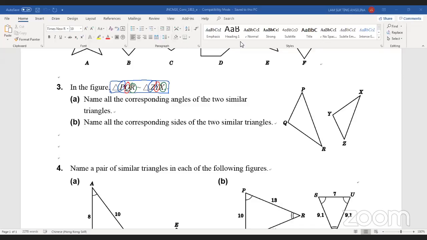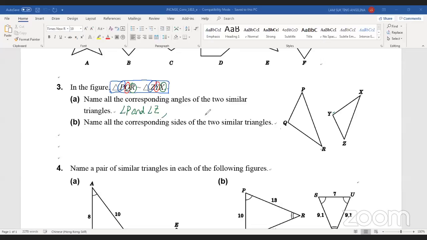You can also look at the diagram to double check: P, Q, R, and then C, Y, X. Therefore angle P and angle C are one pair.